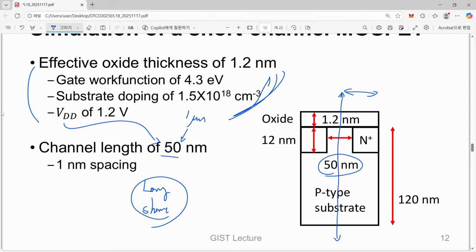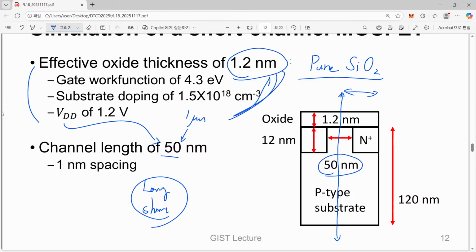And as I told you in a previous lecture, the 1.2 nanometer EOT is the limiting value of our pure silicon dioxide dielectric. So in our technological history, we achieved 1.2 nanometer thick EOT.